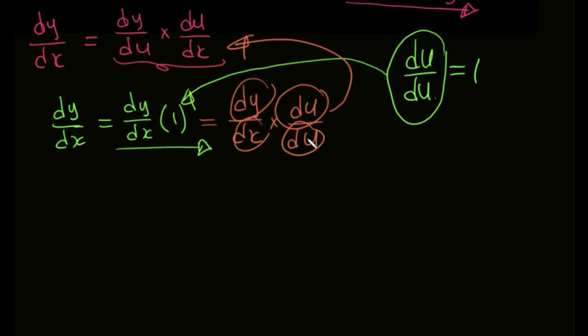If we do that, bringing this guy where dx was, this becomes dy over du multiplied by du over dx.